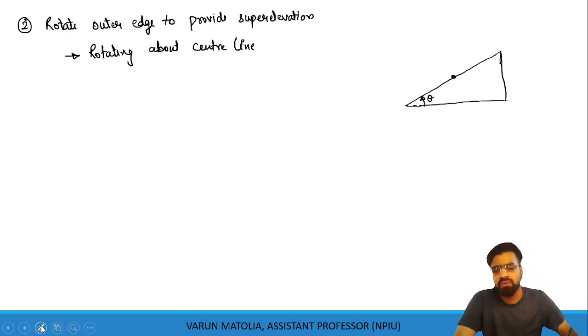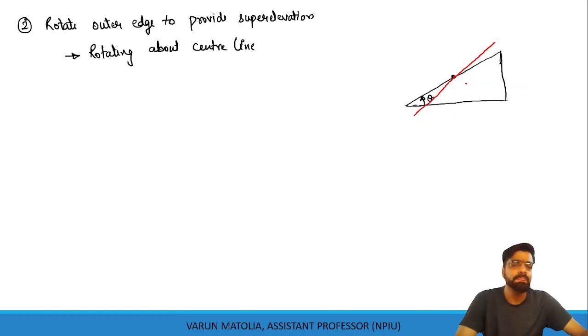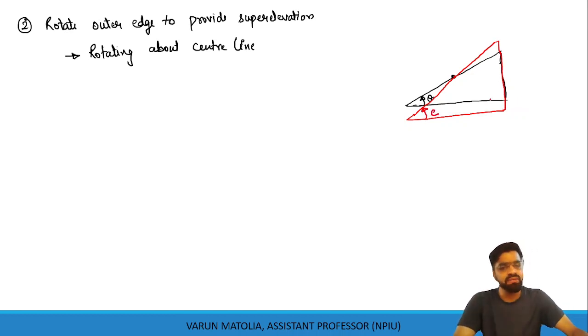So what will we do? We will rotate this curve with respect to the center point, considering this center point as the pivot. So this is our new curve. This angle theta is the super elevation.